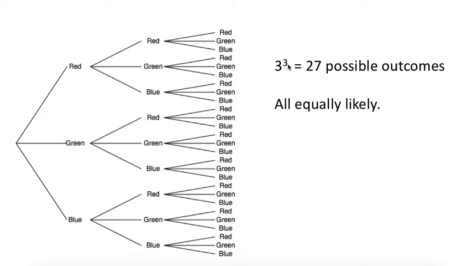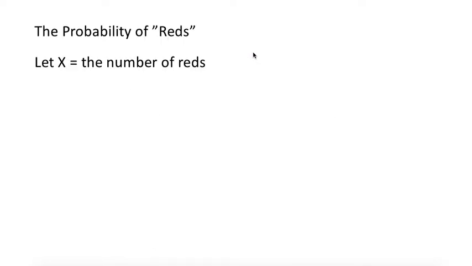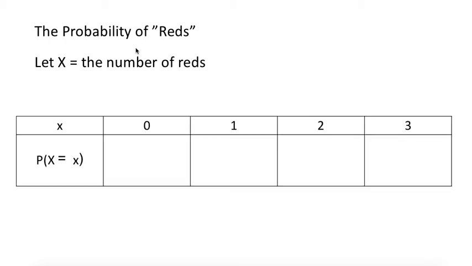So 3 to the power 3, 27. And all of them are equally likely because there's the same number of tokens of each color every time.